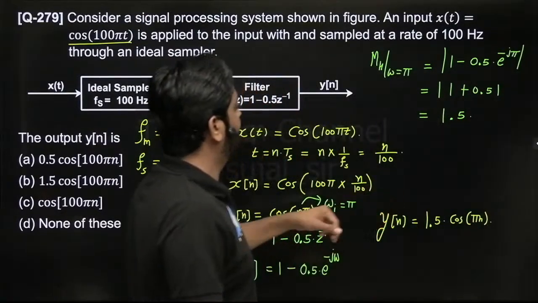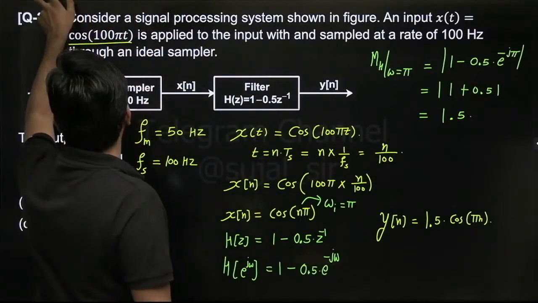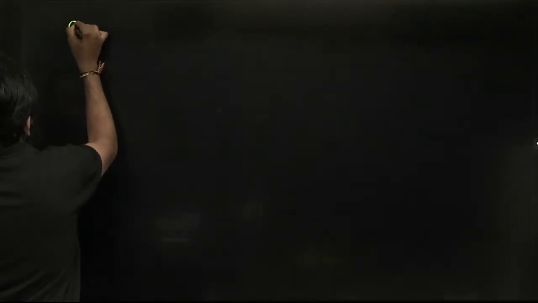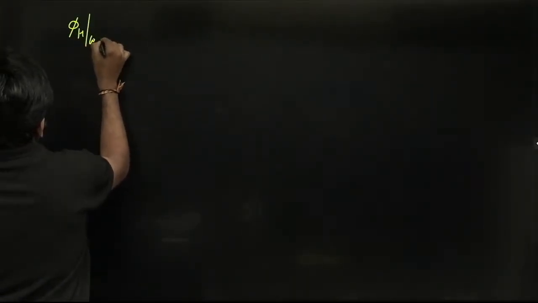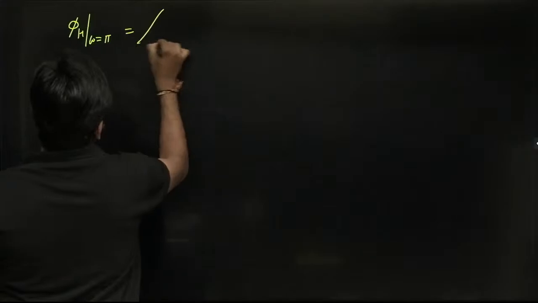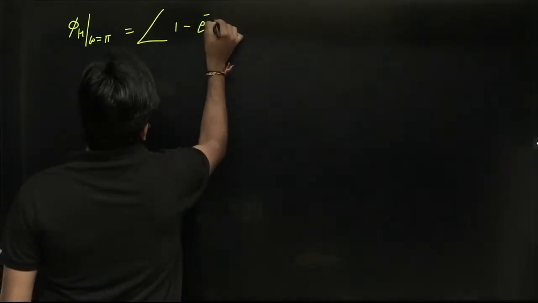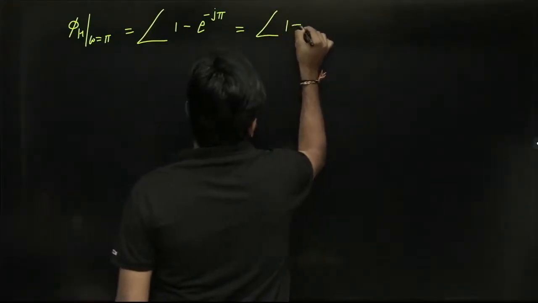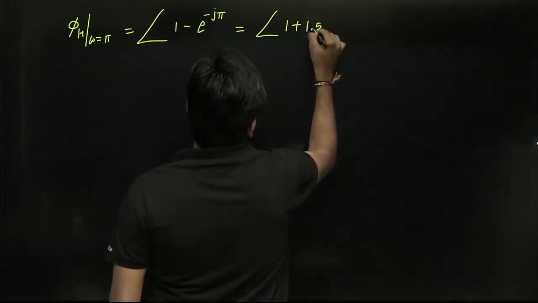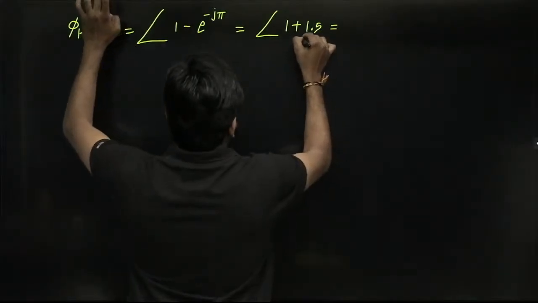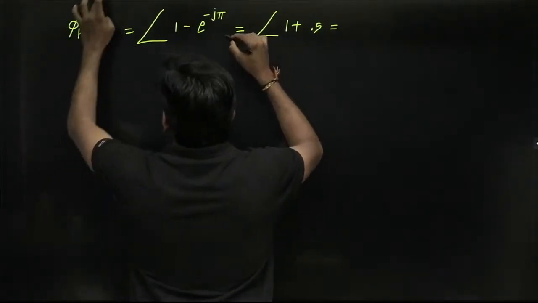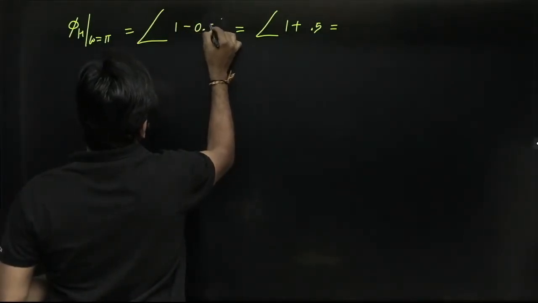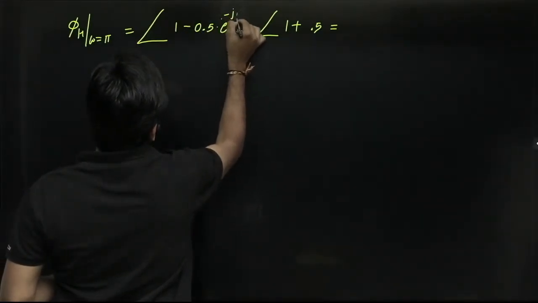You can find the phase angle also. The phase angle of H at the input frequency is the phase angle of 1 minus 0.5 into e to the power minus j pi.